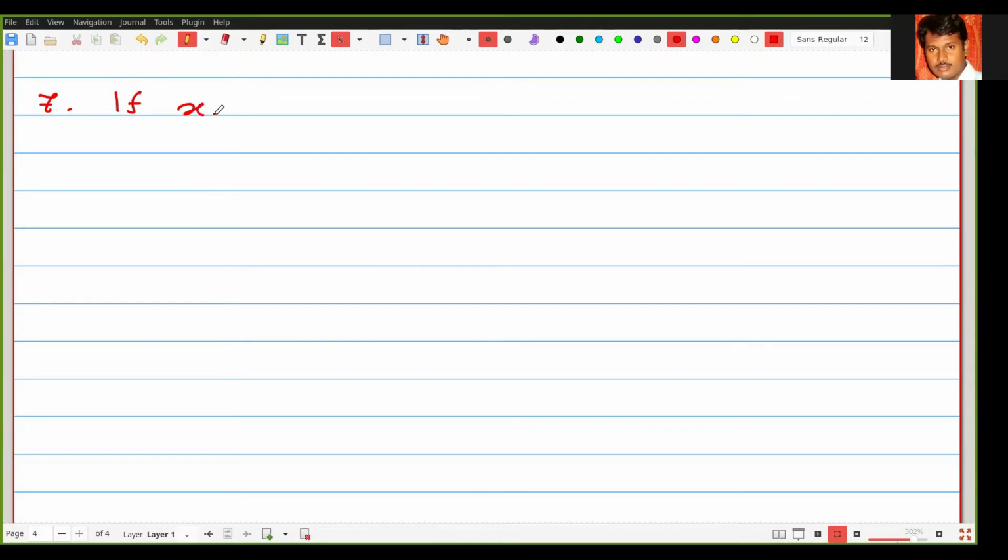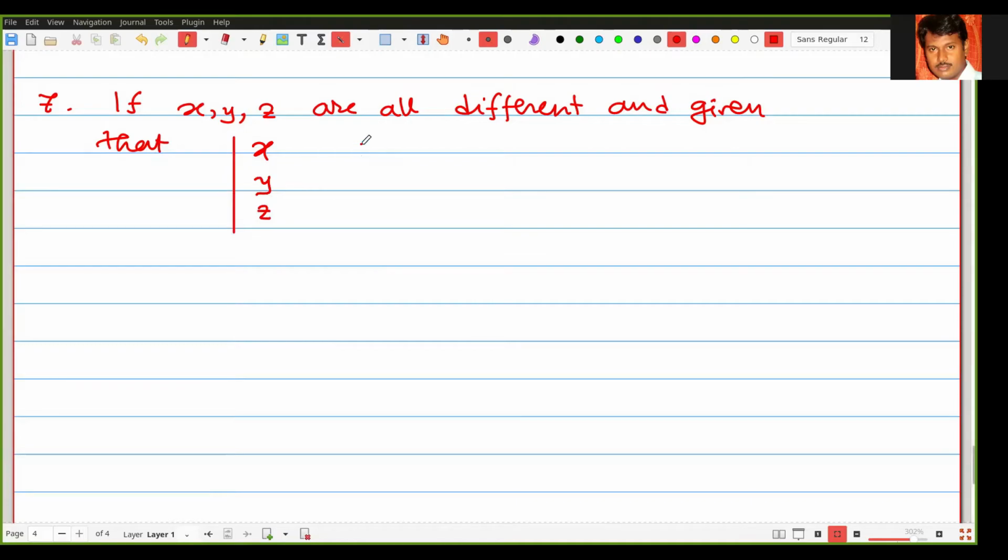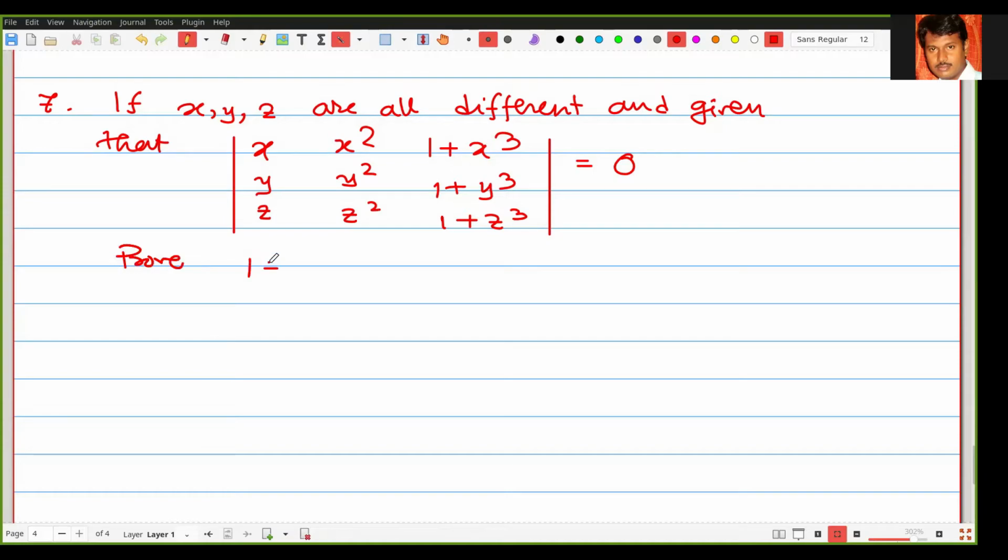If X, Y, Z are all different and given that the determinant X, Y, Z, X square, Y square, Z square, 1 plus X cube, 1 plus Y cube, 1 plus Z cube is equal to 0, prove 1 plus XYZ is equal to 0.